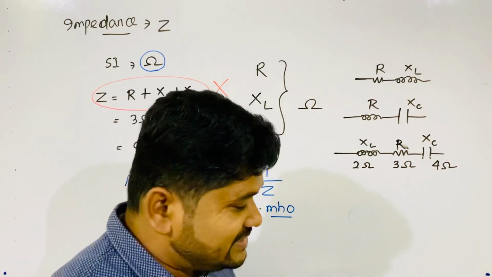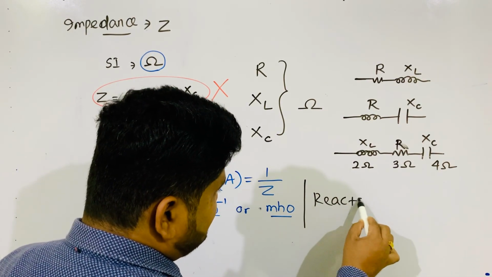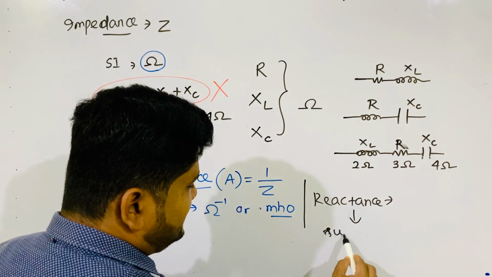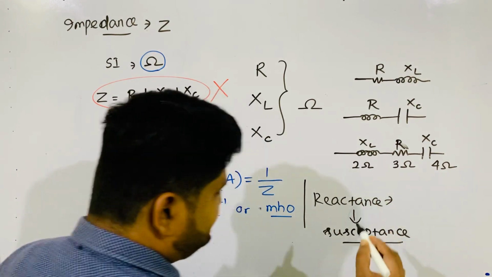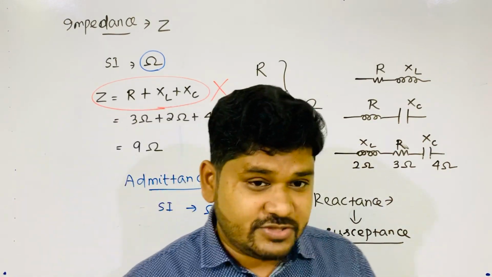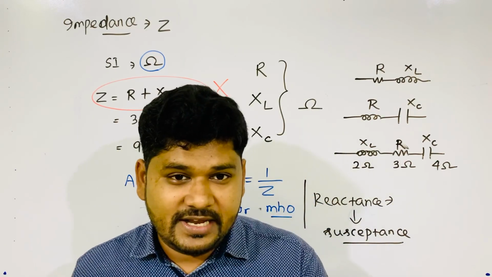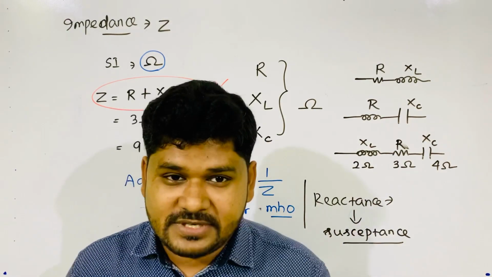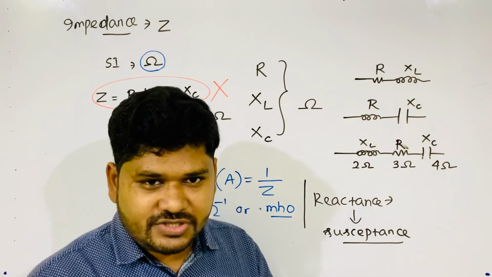The reciprocal of reactance is called susceptance. You remember, susceptance. So you got all the reciprocals today: resistance reciprocal conductance, capacitance reciprocal elastance, reactance reciprocal susceptance, and impedance reciprocal admittance.